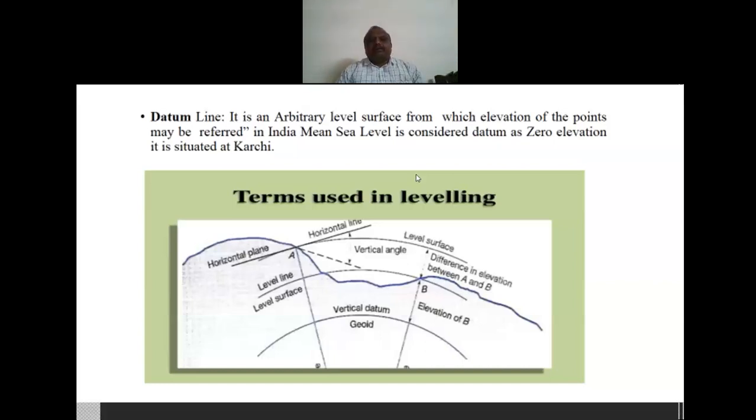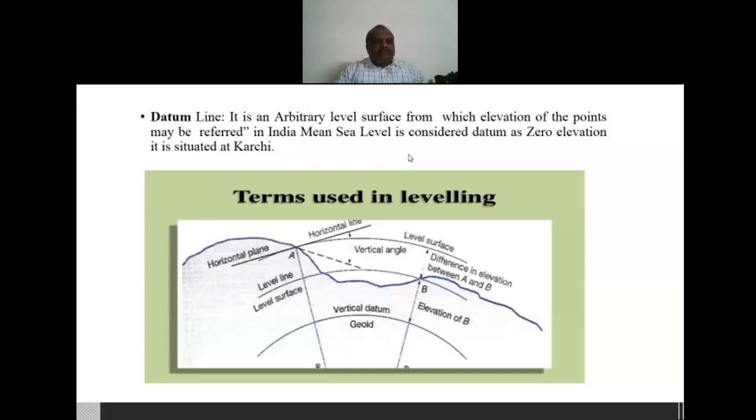The next basic term, datum, is very important. Datum is a level surface with respect to which the levels of points are measured or referred to. It may be a standard surface like mean sea level, that is MSL, or an arbitrary surface.